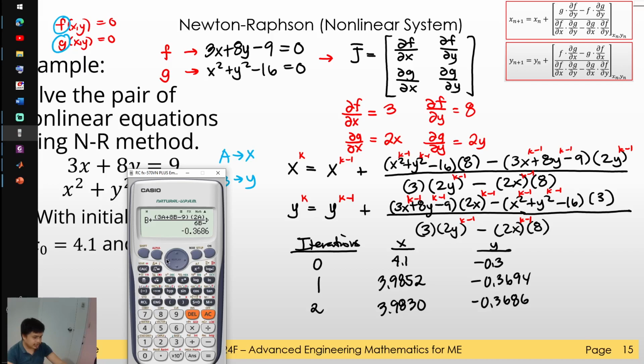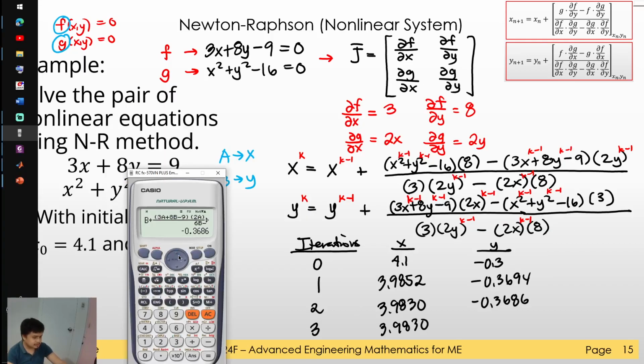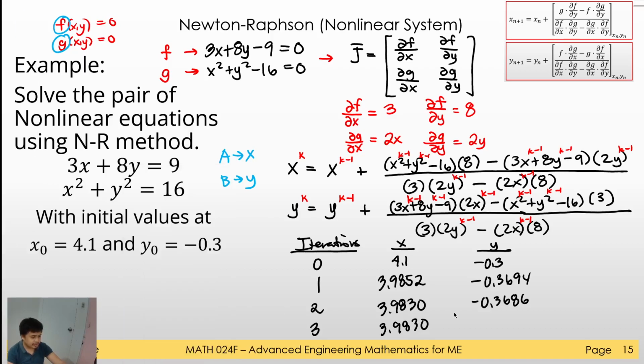And then for the next iteration, back again for a, we have 3.9830 for the previous, and for b negative 0.3686. So we already have a repetition, 3.9830, and then for the last one, probably this will repeat already. Okay, so we have a repetition, so the relative error will be 0%, no?